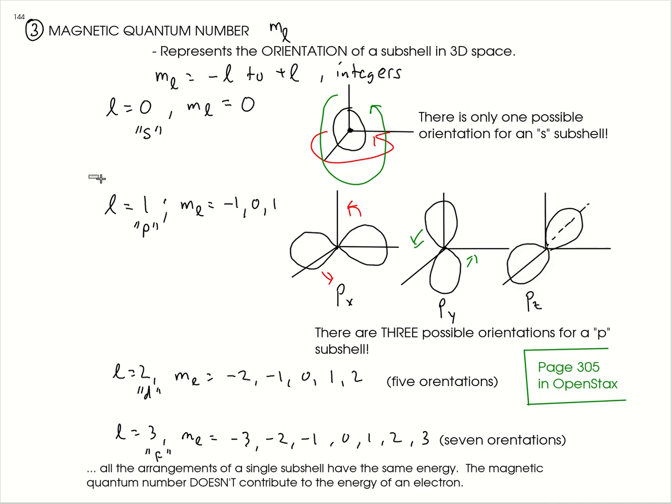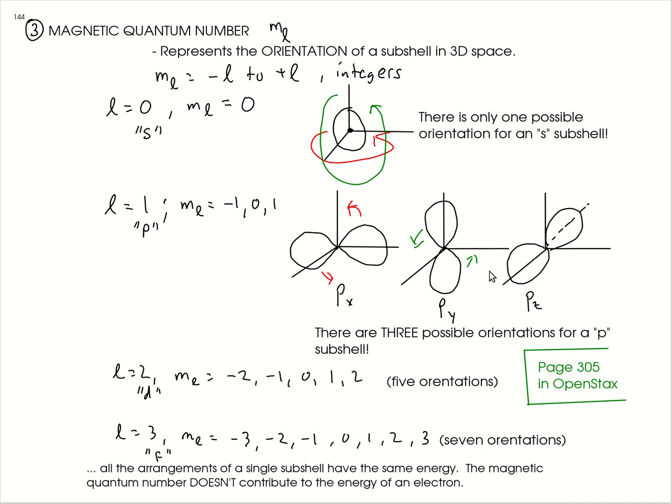Now, if you look at L equals 1 and follow this little formula up here, there's only three possible values for ML: negative 1, 0, and 1. Each one of these is one of these orientations. Now, I'll go ahead and tell you, it doesn't much matter, at least from our perspective, which number is which. It just matters that there are three of them. So there are three possible orientations of a P subshell.